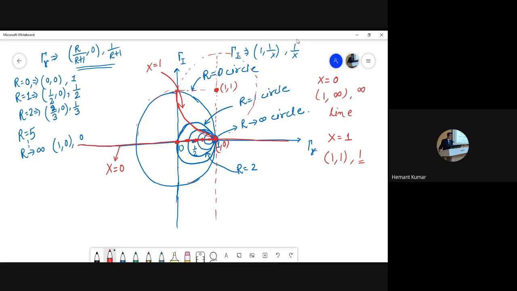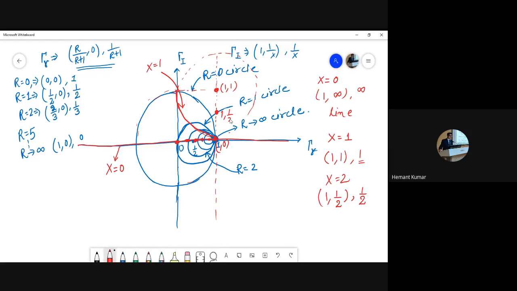Similarly, you can plot for X is equal to 2. If you plot for X is equal to 2, the center is 1 comma 1 by 2 and 1 by 2 is the radius. 1 by 2 will be here, right?